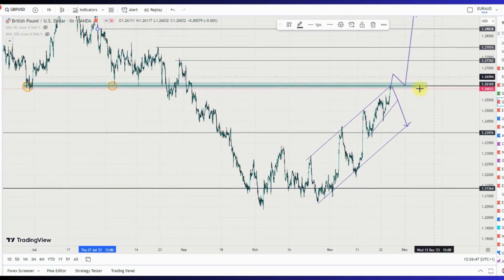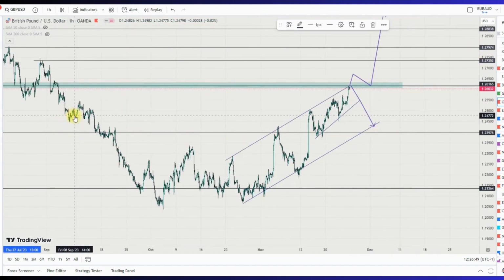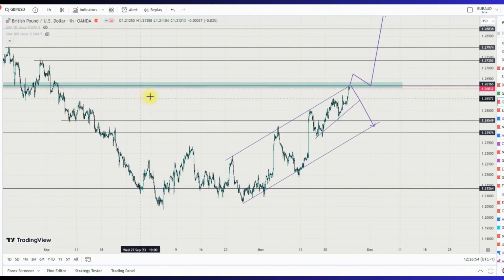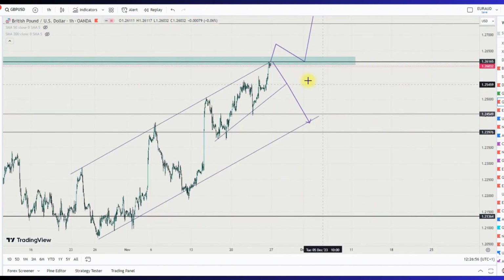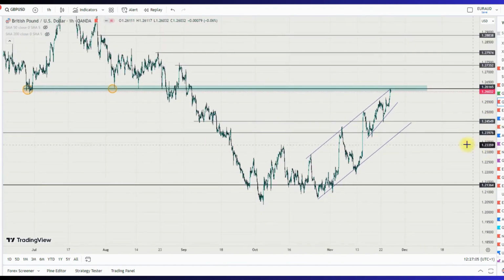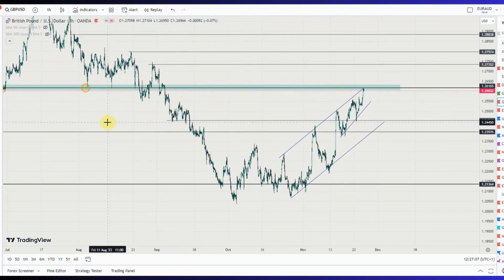So let's say I go, but what I'm looking at for price to do here is to reject at this level. My strong bias on the DXY is to the downside if the DXY rejects that particular area to the upside.